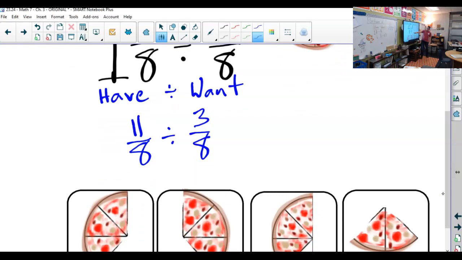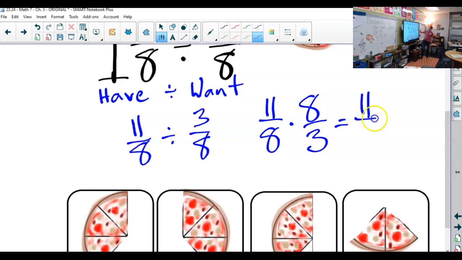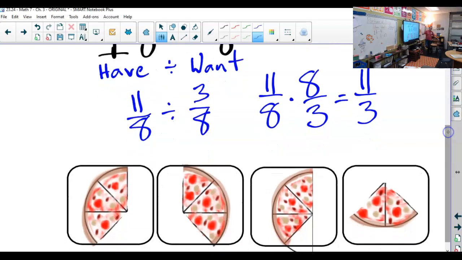When I do keep, change, flip, 11/8 times 8 over 3, or really this becomes 11 divided by 3 if I cancel out the 8s. And how do I visualize taking those 11 slices and splitting them up into leftover containers, each having 3 slices?